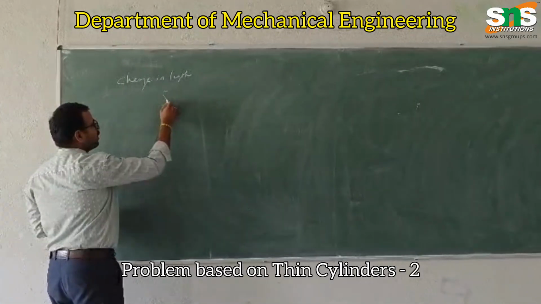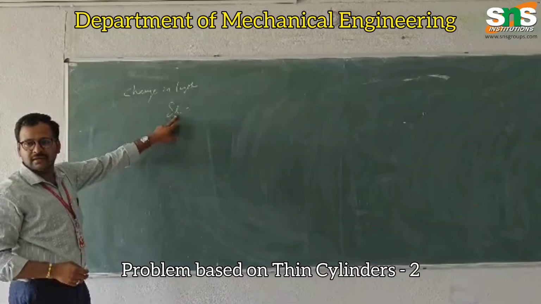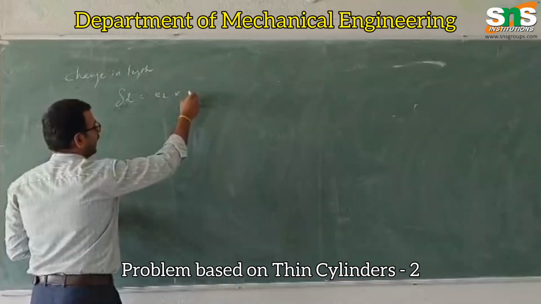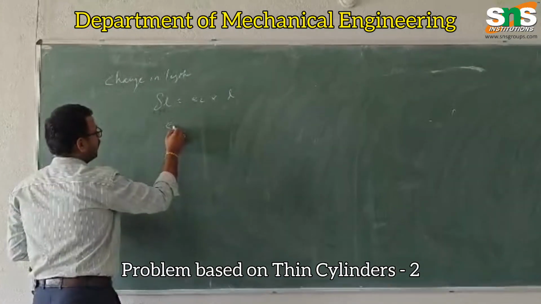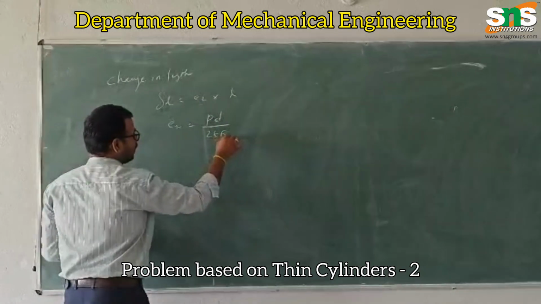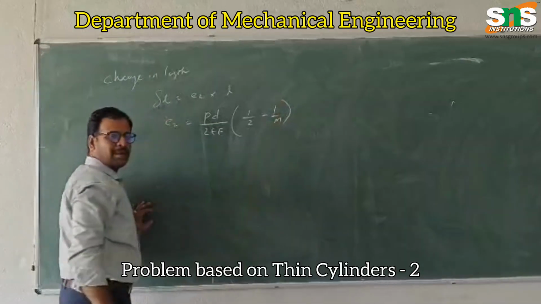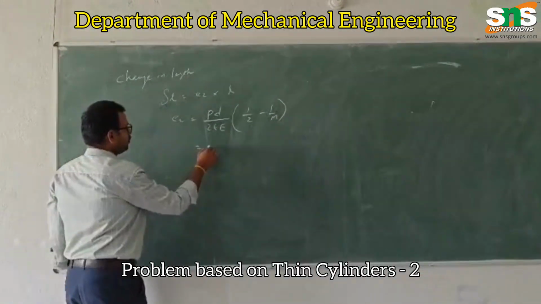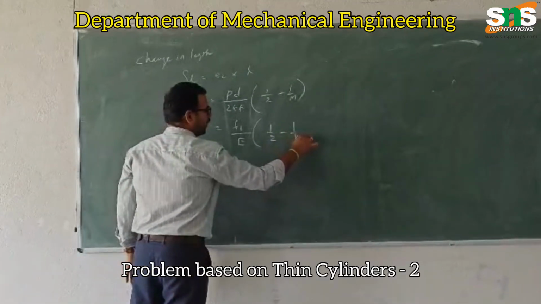It is denoted by del L. Del L is equal to, what is the formula? e2 into L. So how to denote e2? e2 is equal to P D divided by 2TE in terms of 1 by 2 minus 1 by m. Am I right? So this term we can simplify as f1 divided by E in terms of 1 by 2 minus 1 by m.